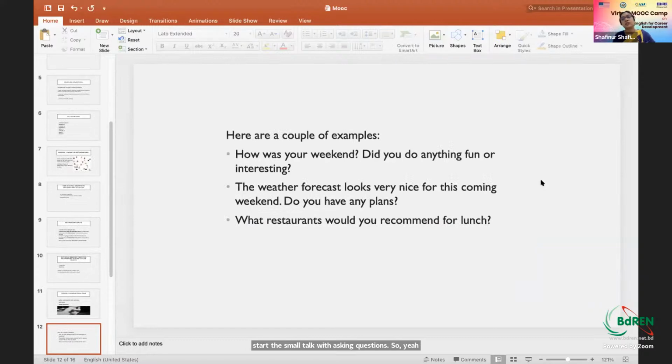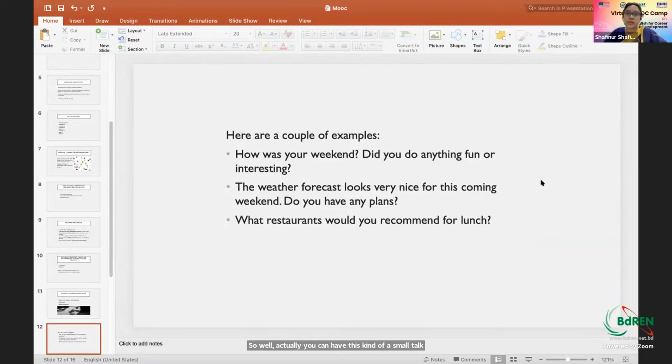So here are a couple of examples. For example, you can ask, how was your weekend? Did you do anything fun or interesting? The weather forecast looks very nice for this coming weekend. Do you have any plans? What restaurants would you recommend for lunch? So where can you have this kind of small talk?